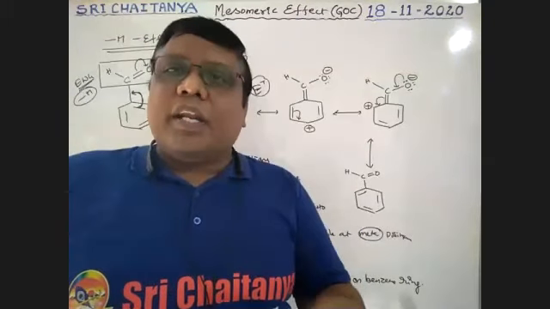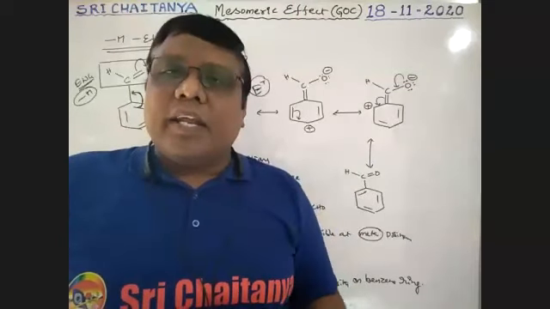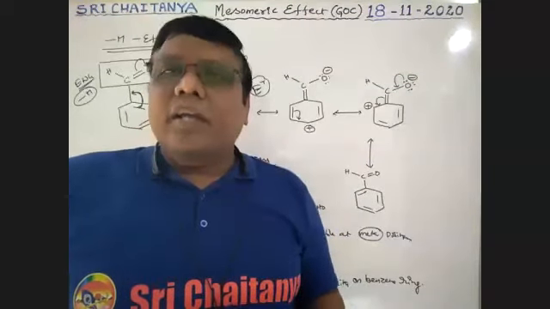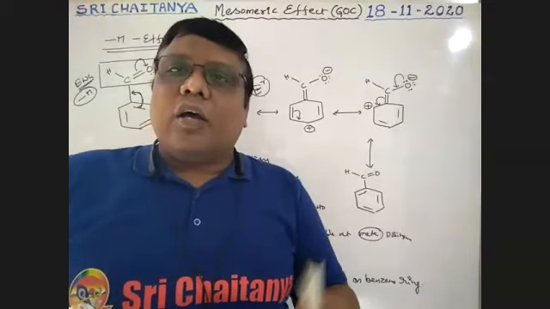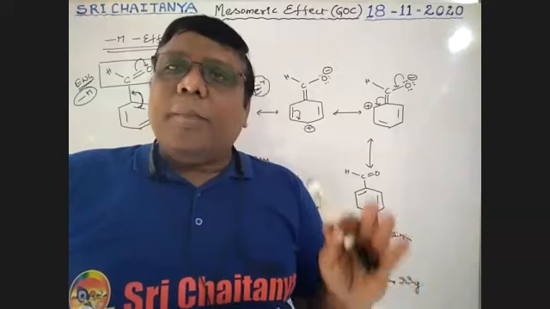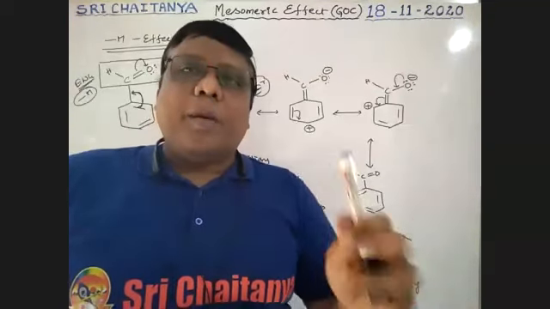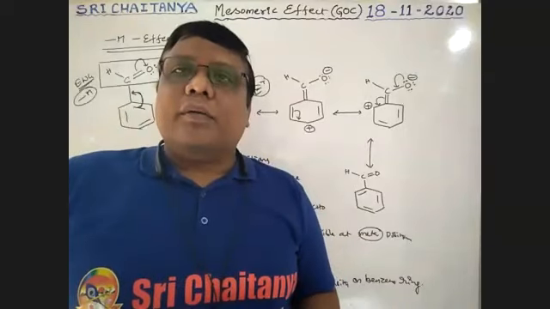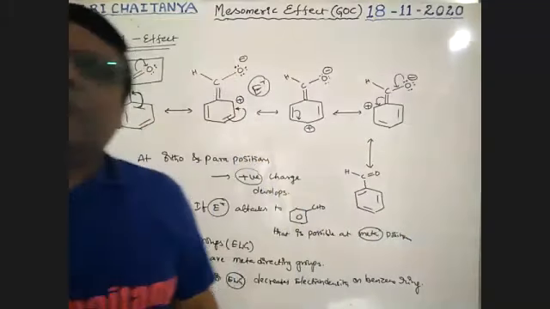Electron density on the benzene ring decreases because the ring acquires positive charge. Therefore plus M groups are ortho para directing groups, minus M groups are meta directing groups. So this is the information from the mesomeric effect, boys.